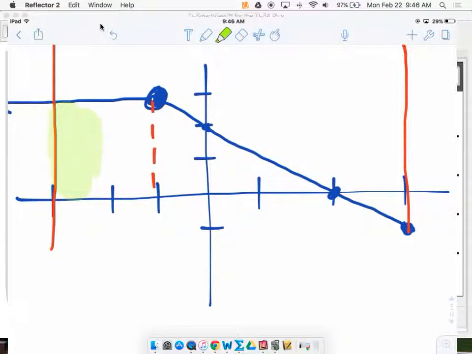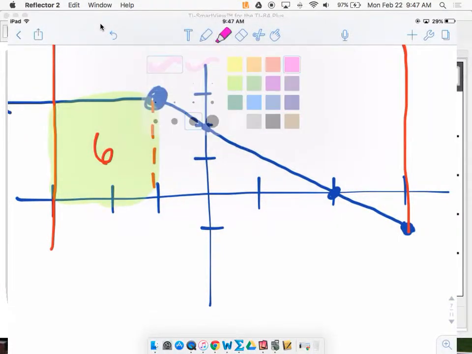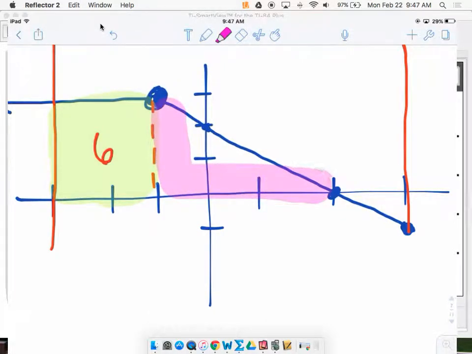So the area of that rectangle would be what? 6, right? 2 times 3. Now, what about the first triangle? It's 1/2 of this, 1, 2, 3. So that's 3 over 2 times the height, which is 3.